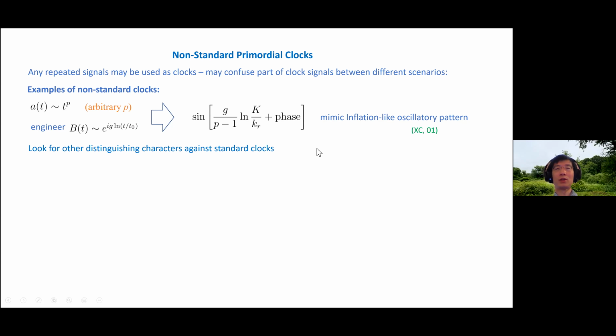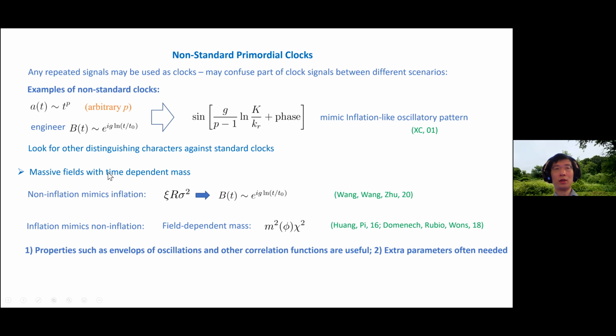This actually is the motivation behind why we proposed the primordial standard clock, the classical one, to look for the standard ones generated by the massive fields and try to work out the predictions associated with that as much as we can, to distinguish the oscillation from a massive field with constant mass from some other oscillations, including the oscillations from a massive field with time-dependent mass.